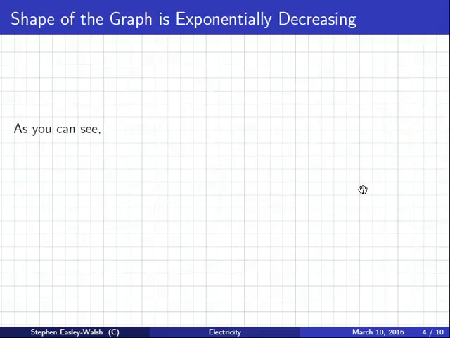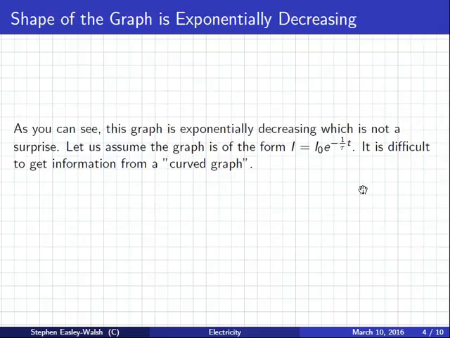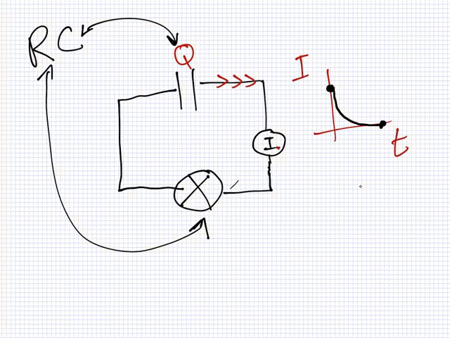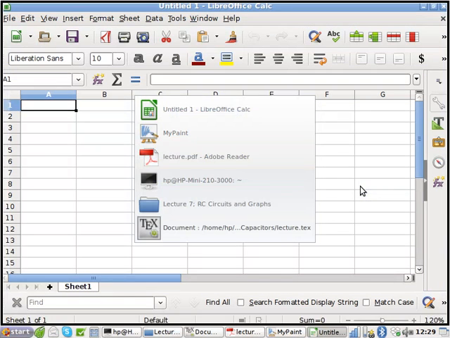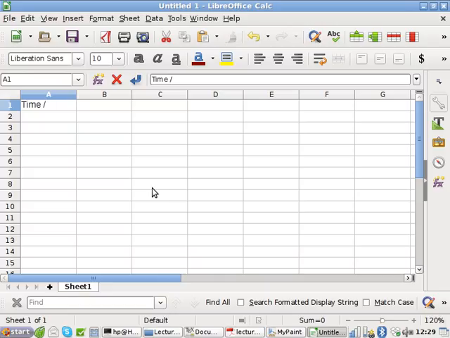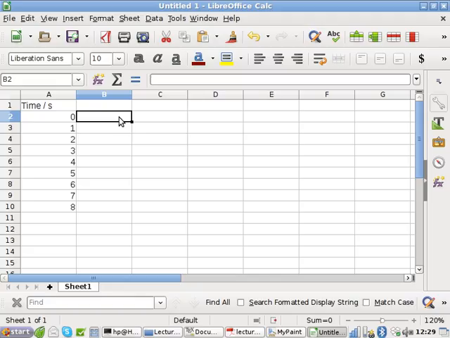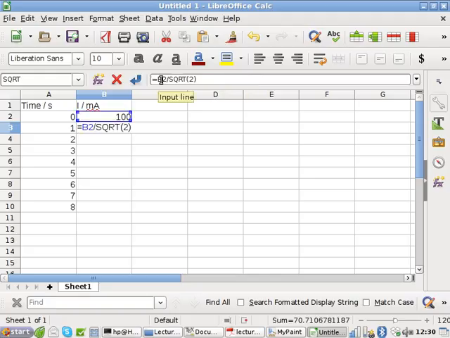Right. So what I'm going to do is I'm going to make the graph of this. So here we have time in seconds, and it's 0 to 10, is it? 0 to 10, wasn't it? And we start current in milliamps, wasn't it? Starts at 100? And what's the next one? 70.7.